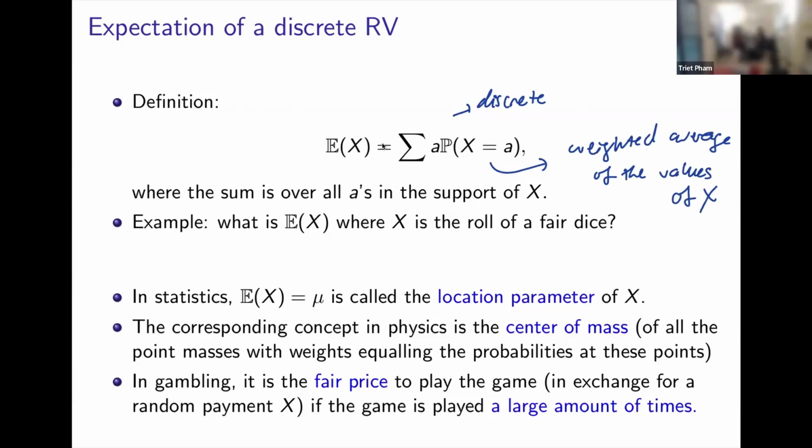All right. So what is the expectation of the roll of a fair dice?